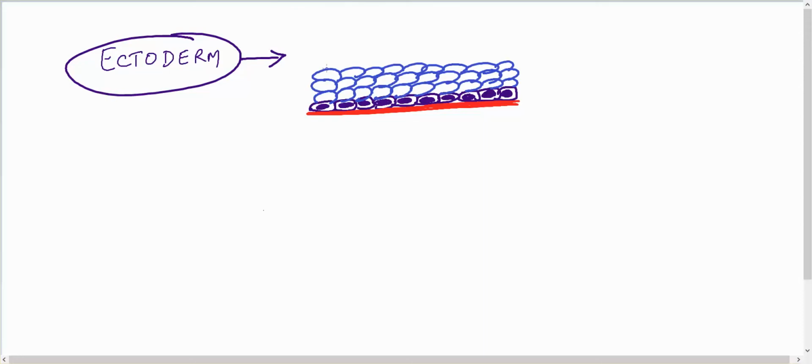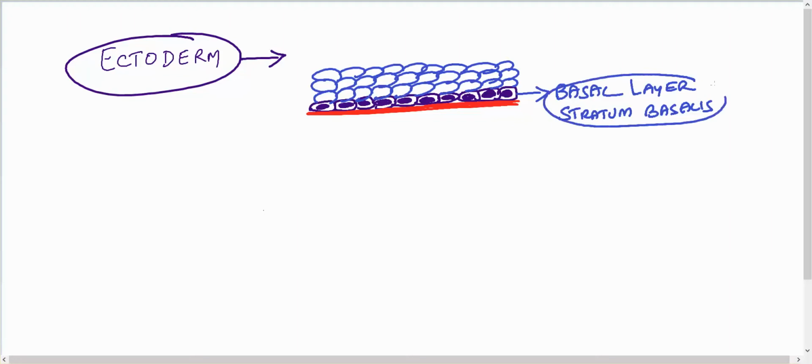These cells divide and they form the layers above this basal layer. Layer means stratum, so this is called stratum basalis. The cells in the stratum basalis divide and form the cells above this layer.